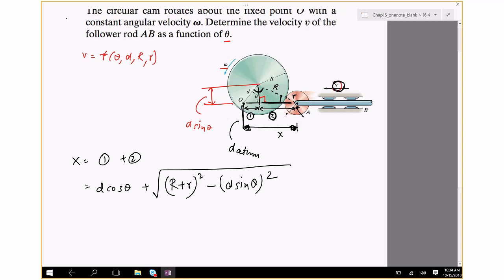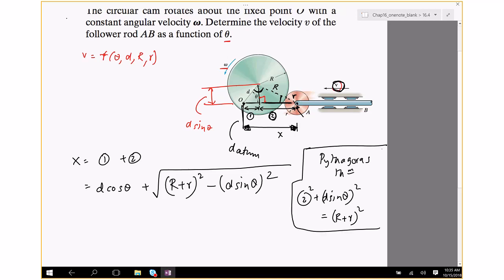I'm using the Pythagoras theorem in a sort of inverse way, because I know that 2 squared plus d sine theta squared equals R plus r squared. That's the fact I used. I find 2 by moving d sine theta to the other side.